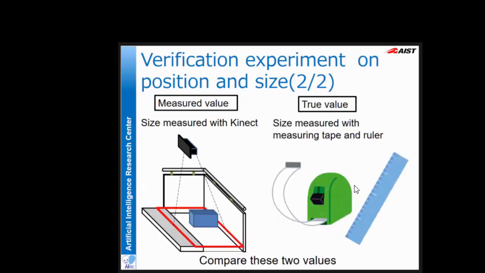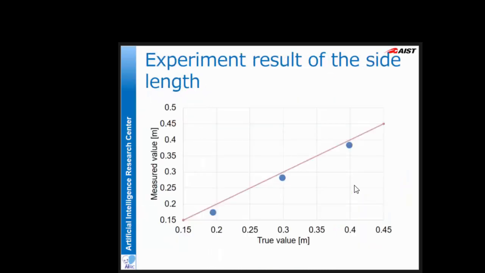Let the size of the object measured with Kinect be the measured value, and the dimensions of the object measured with measuring tape and ruler be the true value, and compare these two values. The experimental result of this side length is shown. The error was within 5 centimeters, so measured value and true value are almost the same.